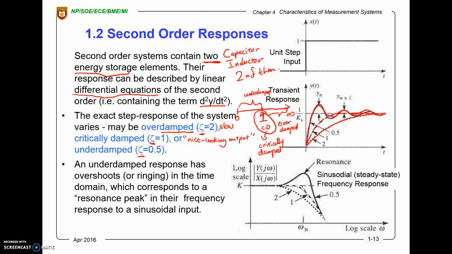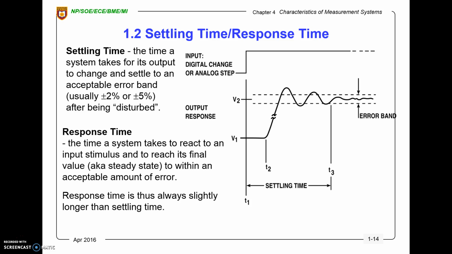Having said that, since we have this kind of curvy, wavy little lines, we're going to talk about how they settle in the matter of time. We're going to talk about settling time. Settling time is the time the system takes for the output to settle down to an acceptable value. In this case, you have an input, for example, here where my red line is.